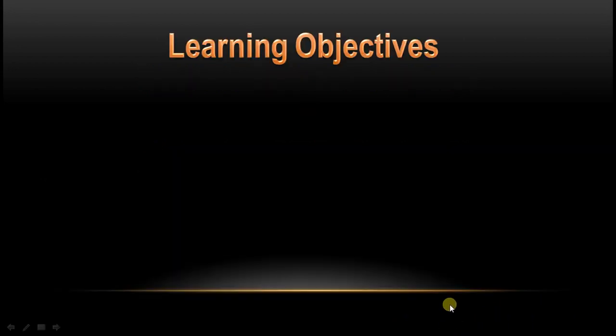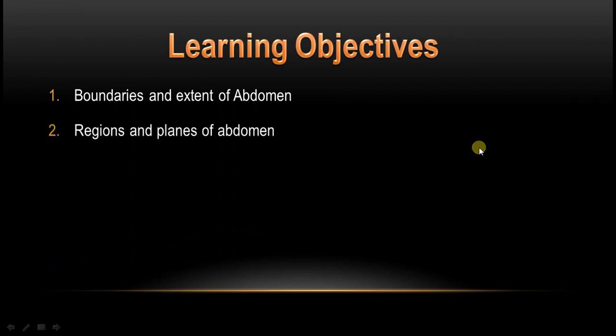So our learning objectives for today will be a brief introduction about the boundaries and the extent of the abdomen. Then followed by that, we will try to understand the various planes and regions of the abdomen.